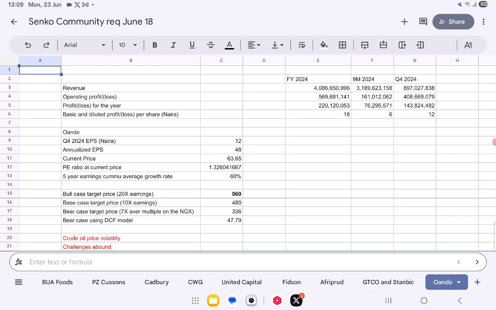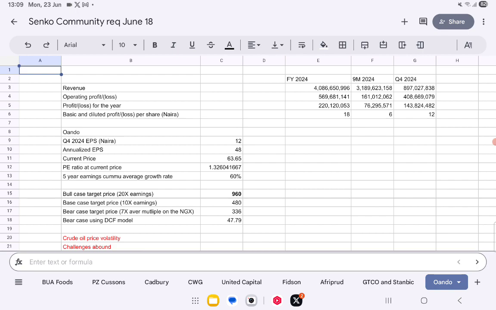So if you say, look, worst case scenario is Oando does the same 18 naira they did last year, put say 10x or 12x multiple, you're looking at 180 or a bit over that, right? So I gave two scenarios: 28x earnings because that's where its peers, other players in that space, are trading. You have 960.